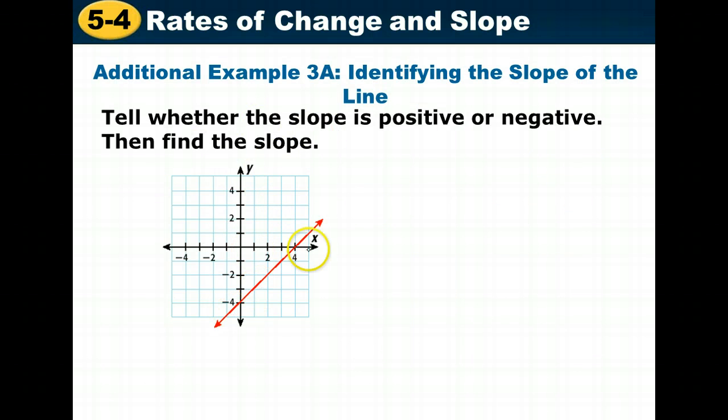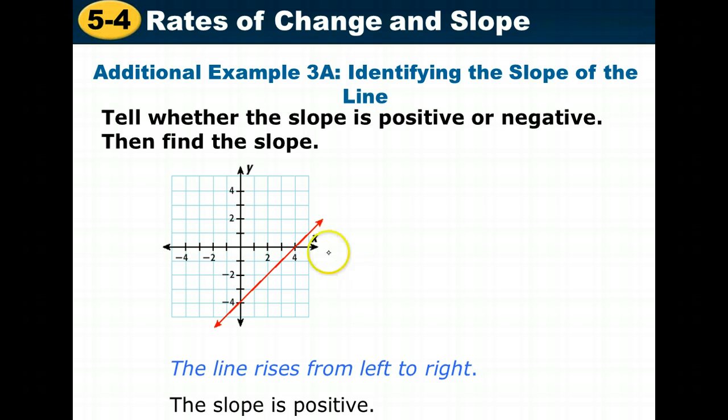Okay, so here we need to tell whether this slope is positive or negative. This right here will be a positive slope because we started here and we have to go up. So this will be a positive slope if it's going from left to right.